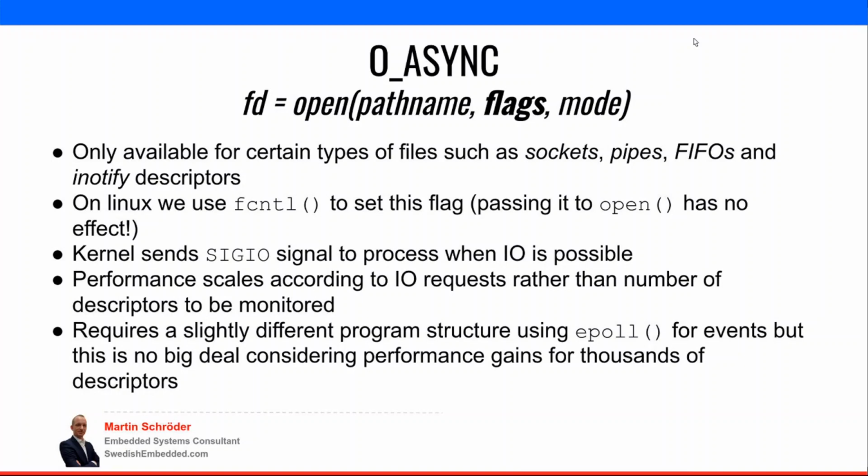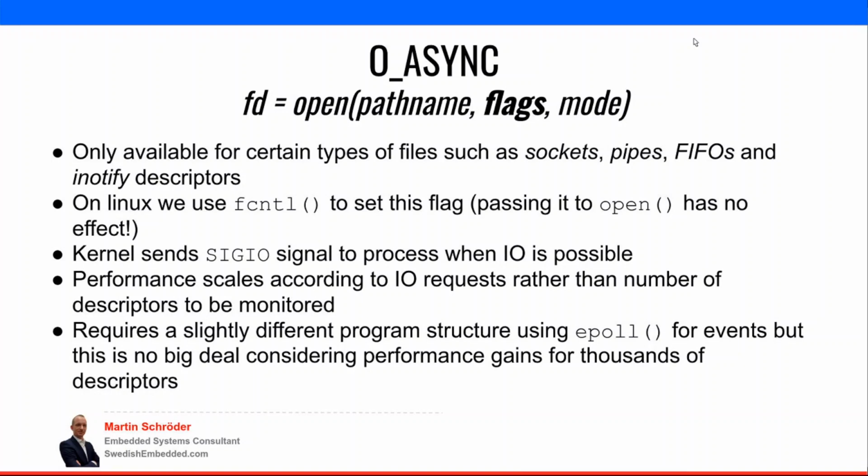And if we don't register the signal handler for that signal, then by default the application will exit. So it's important to set the signal handler before we enable the async option on any file descriptor.